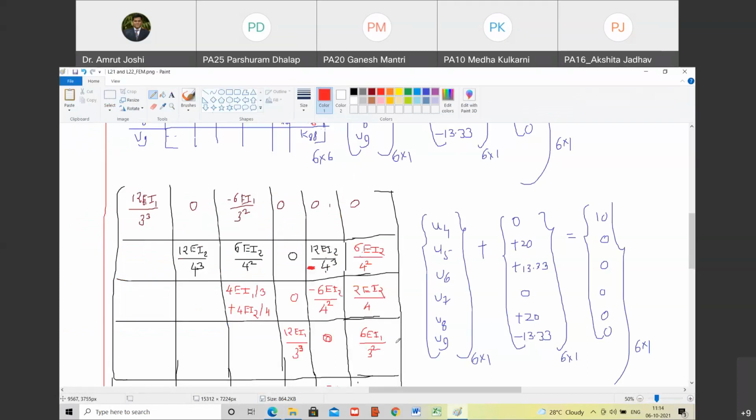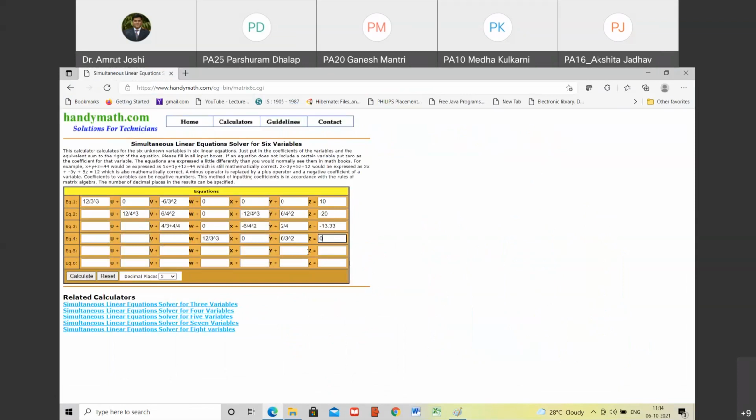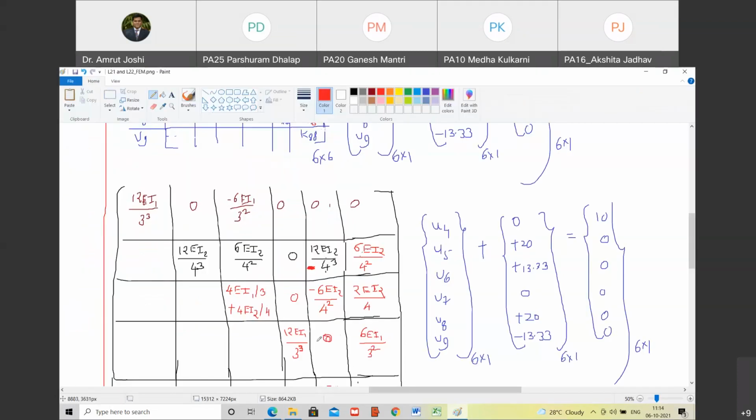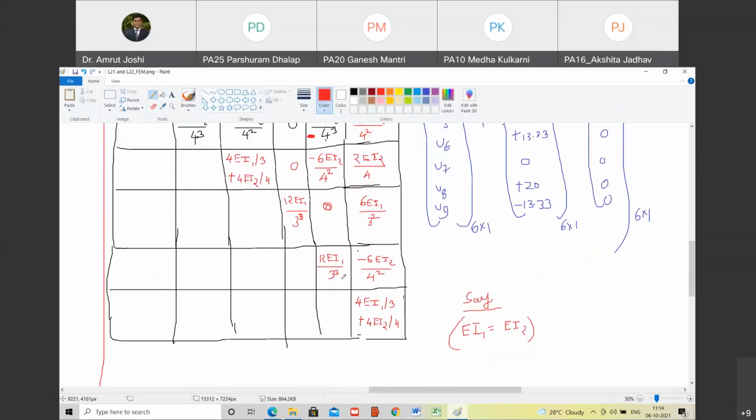And it is how much? 0. This is 0. Next, 12 by 3 cube.